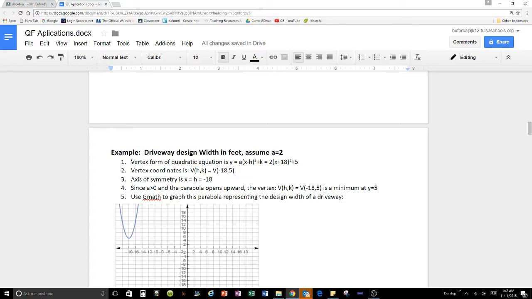So all we have to do is go find the parabola or quadratic function that's represented by the driveway design, see how far it's been shifted horizontally, see how far it's been shifted vertically, put in those values for h and k, and we're done. Well, as you can see here, I've done that, but let's actually go to the graph chart and see what h and k are and see how we got these values.